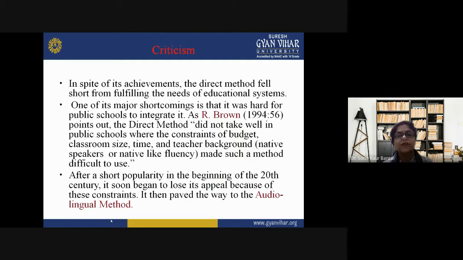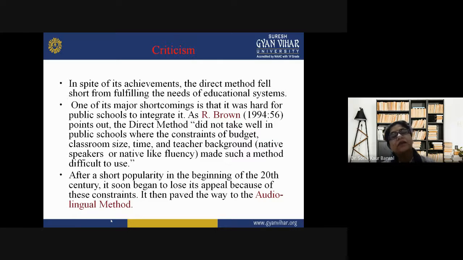So the direct method is really related to the beautiful examples that we have given. The direct method is very helpful in helping the child understand what the child has learned. When we give the child more and more opportunity in the classroom, the child learns more effectively.